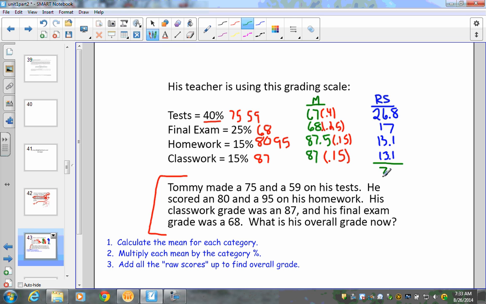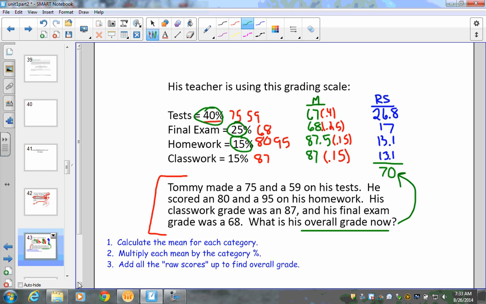There is my answer. So what was his overall grade? He had a 70, because we had to multiply all of the different values into each score, because not every assignment weighed the same, so we had to multiply it by the percentage to get the overall score.